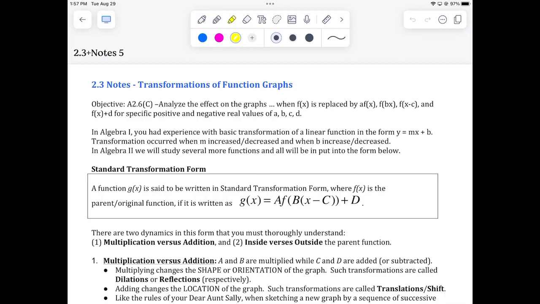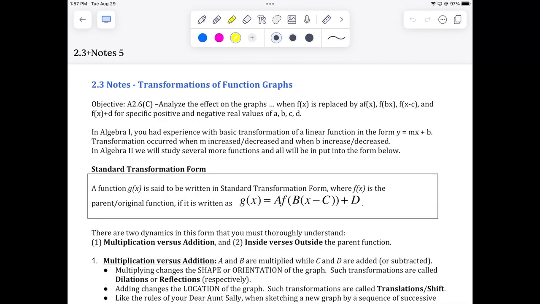A is being multiplied on the outside. So that is a vertical dilation. That is either a vertical stretch or a vertical compression. That's what A does. It's a vertical stretch or vertical compression because it's being multiplied on the outside. B is being multiplied on the inside with the X. If you're multiplying on the inside, that's a horizontal stretch or horizontal compression.